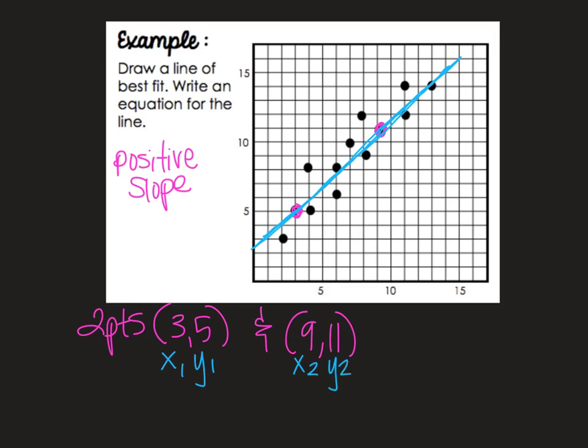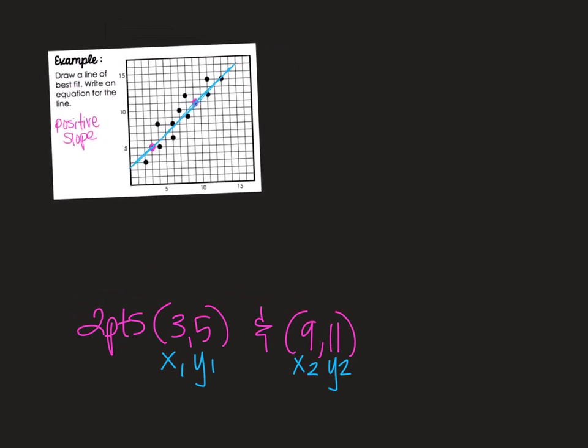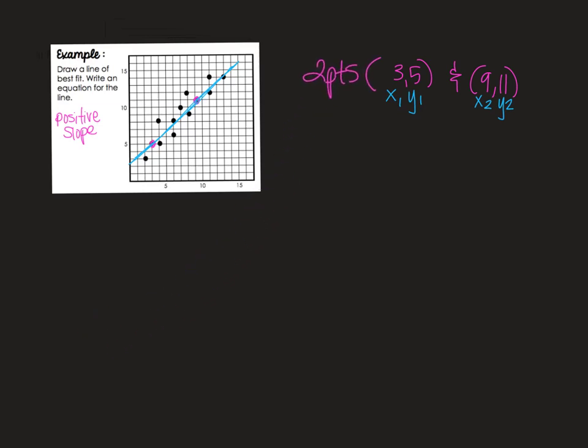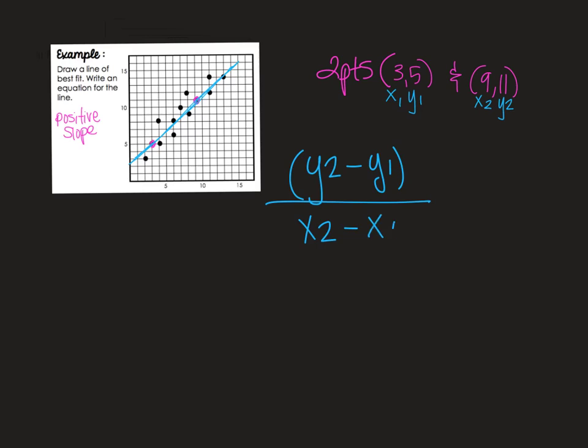And I'm going to move this out of the way so I have more space to work this out. Again, I'm going to put the formula in here for people who forgot. y2 minus y1 over x2 minus x1. Now I can substitute these numbers in, and I already labeled them right here, so I make sure and put the right one in the right spot.